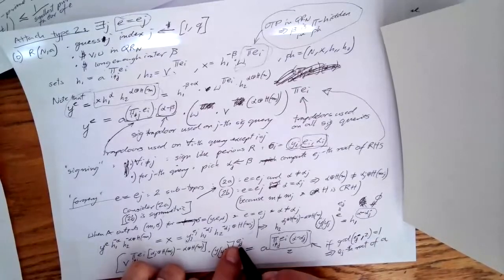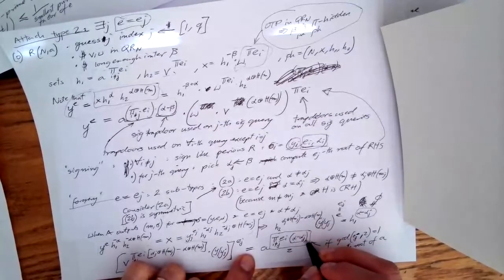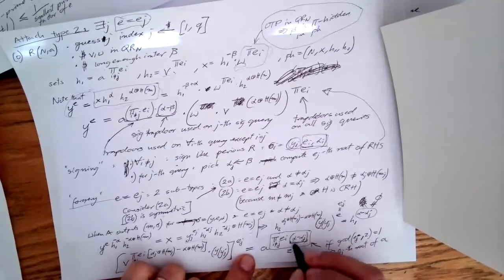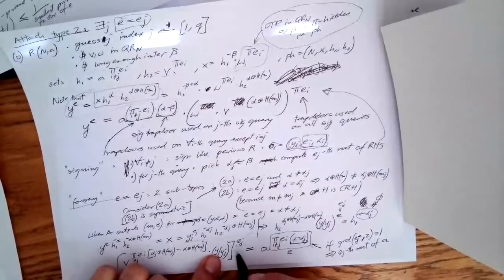So EJ is a prime chosen during the reduction, by the reduction. It's definitely co-prime with all of these, right? Because these are just other primes. So the only question is, must it be co-prime with this? And the answer is yes, simply because these are short numbers. This is non-zero and smaller than 2 to the lambda, while EJ is larger than 2 to the lambda and prime.